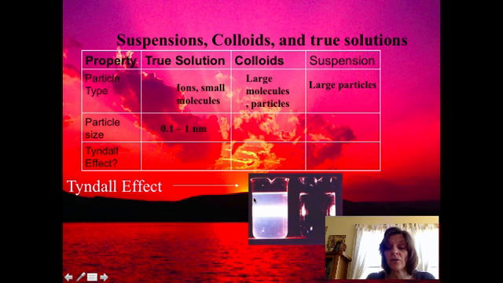But if the particles are larger, above 1 nanometer, then you can get that light showing through, and that's called the Tyndall effect. A colloid will show the light through it. A suspension, the light will be reflected through it.